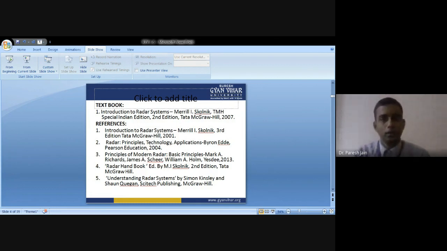Now we have the introduction to radar technology or the radar system. Again, radar is a contraction of the words radio detection and ranging. It means radar is a device or a system which detects a target or object or enemy.